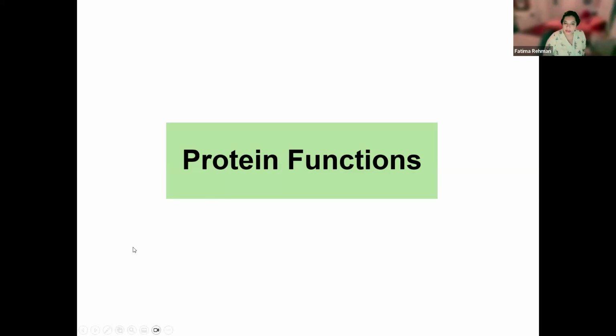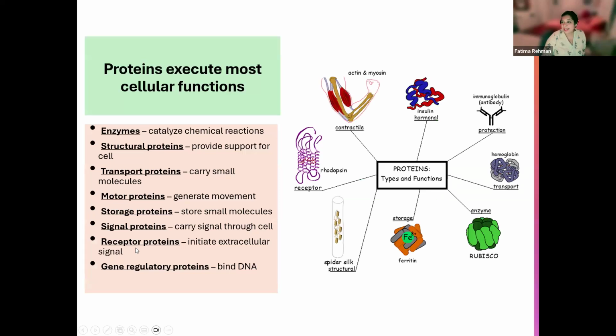So protein functions. At the end of the day, if we think about what proteins do, we'll notice that proteins are actually the worker bees inside our cells, and they are the ones doing most of the cellular functions, whether it's enzymatic activity to catalyze chemical reactions and run our metabolism or create new macromolecules, or a structural effect, where they provide structural support to the cells, providing a way for molecules to be taken from one place to another, like a roadway structure.